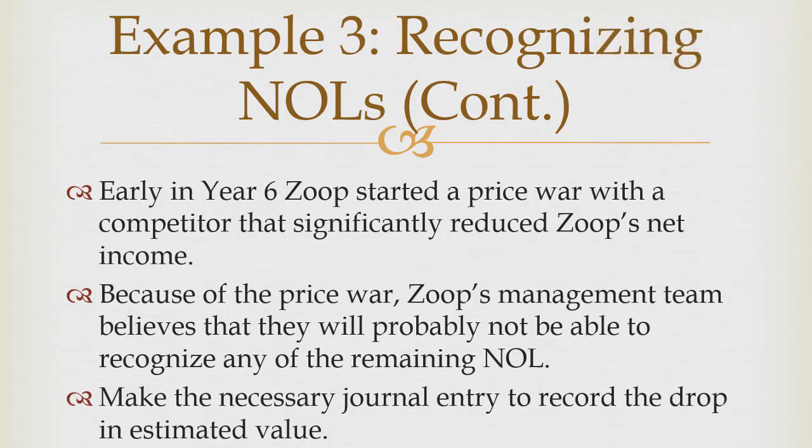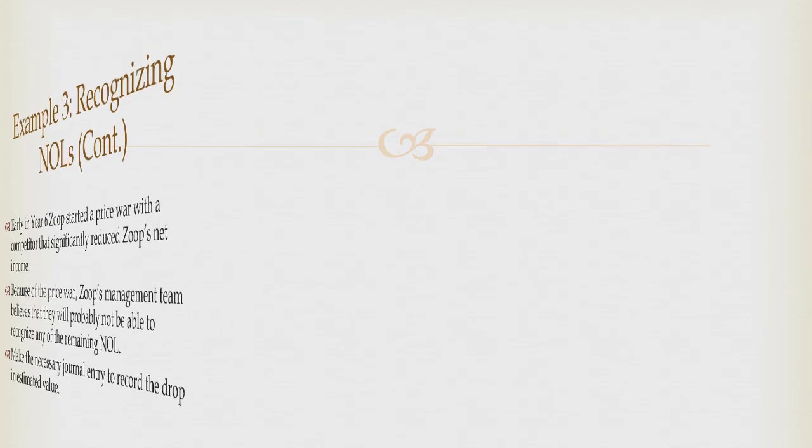We want to make the necessary journal entry to record this drop that we won't get to use our NOL. So as always, I like to break things down into steps. So step number 1, we're going to estimate our future profits. This is all of our profits until the end of the 20-year carry forward period.